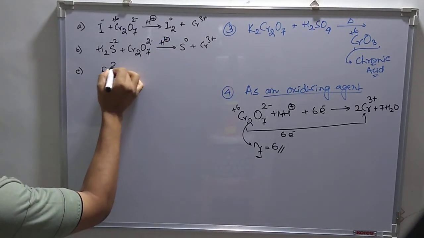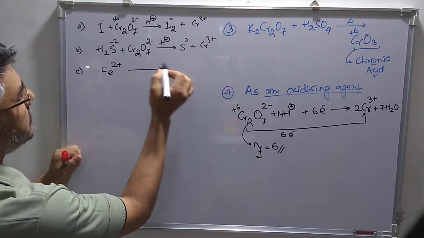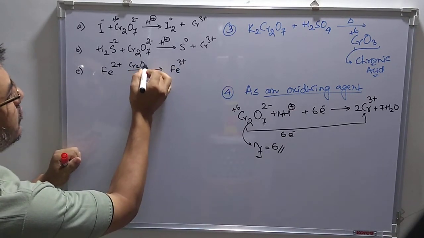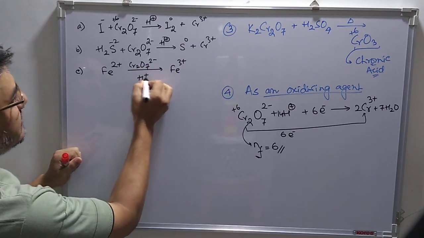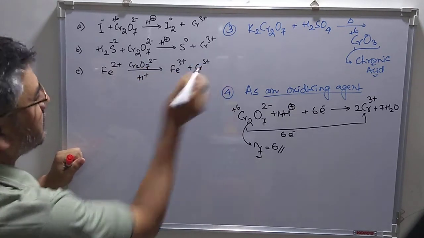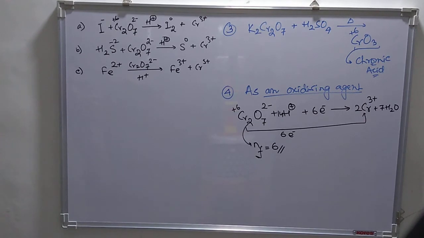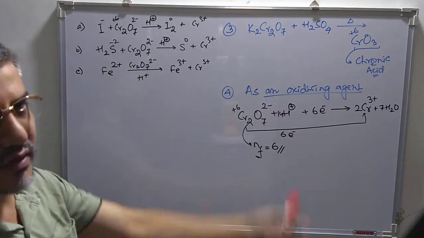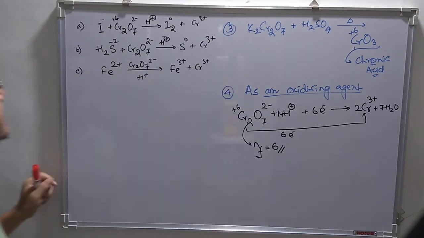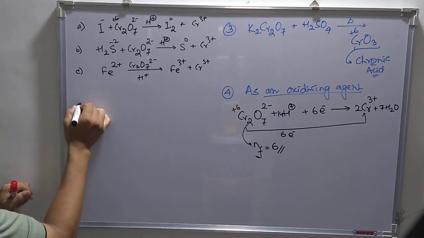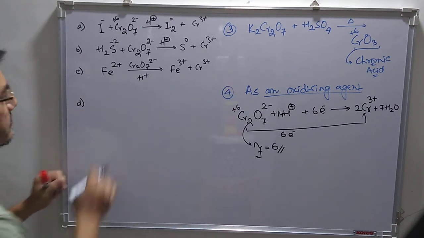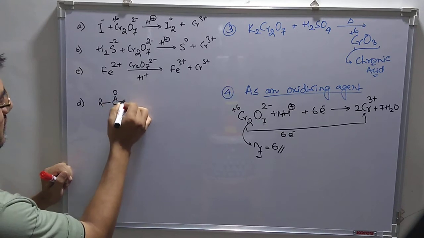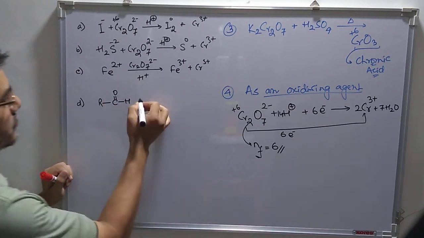We can have this ferrous ion. Ferrous ion is oxidized to ferric ion in presence of dichromate ion in acidic medium. So these are some of the inorganic species which can be easily oxidized by dichromate. Now many organic compounds can also be oxidized by this dichromate. Coming to organic reactions, we have aldehydes.